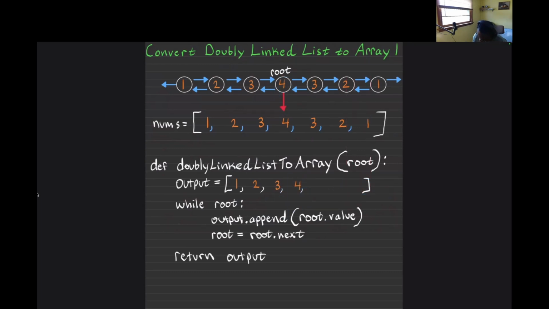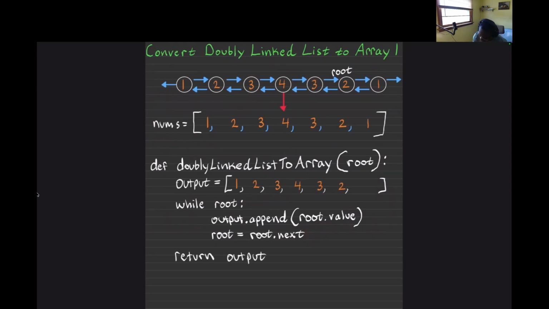And then we say root is equal to root.next. So root comes here. We're going to append that value. All right, so far, so good. Root is equal to root.next. So we come here. While root still meets that condition, we're going to append that value. So this 2 gets appended here. Root is equal to root.next.